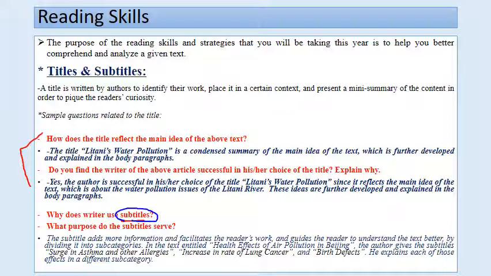Why? Because the author this way categorizes the information in the text, organizes it, and facilitates the reader's work. So he guides the reader into what that person is going to read.